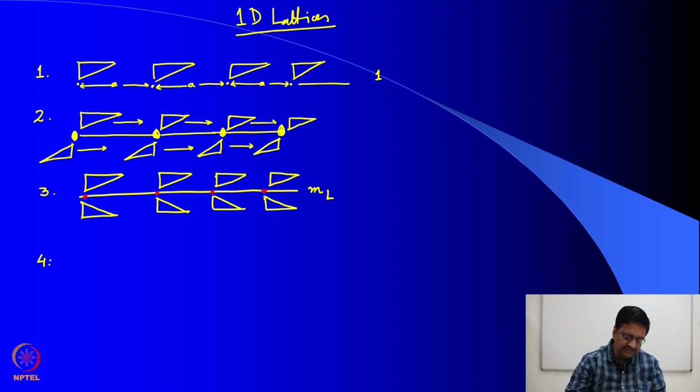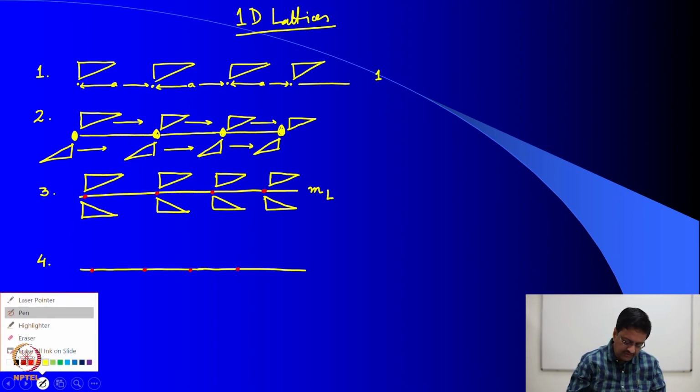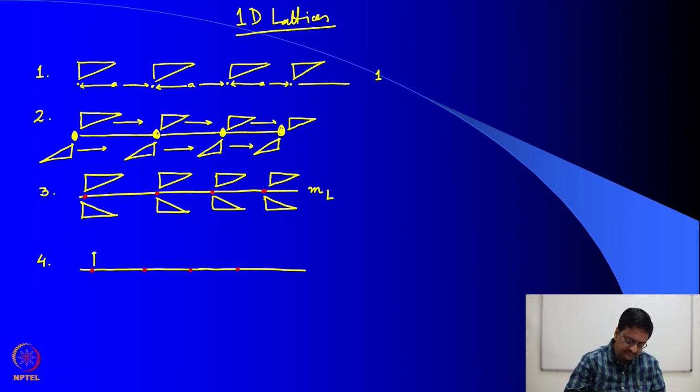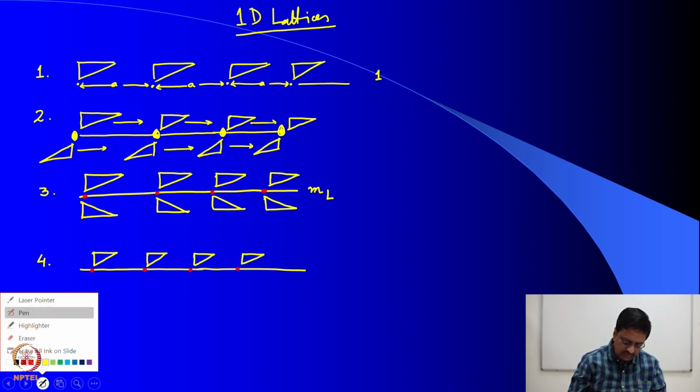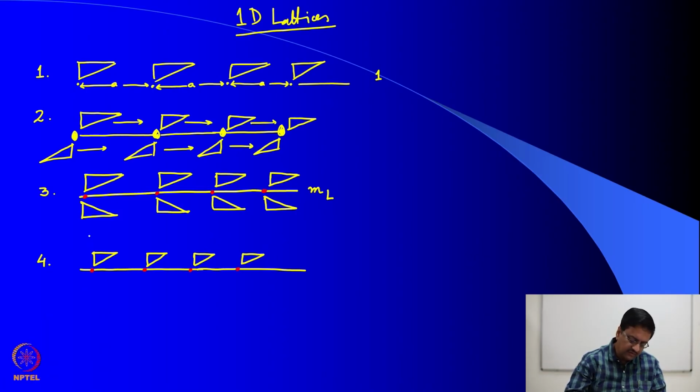The fourth type of lattice has a mirror which is perpendicular to the direction of this translation. So this translation, as usual, is in the direction from left to right, and the object is here. Now, there is a mirror passing through this point.